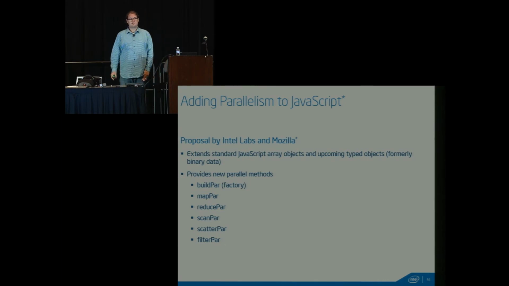Then there is scatter. That allows you to shuffle arrays in parallel, so you can reorder things. And then there's filter, which allows you to take things out of an array, so you can drop elements from an array. We believe this is the required set of primitives you need for most applications, for most algorithms.